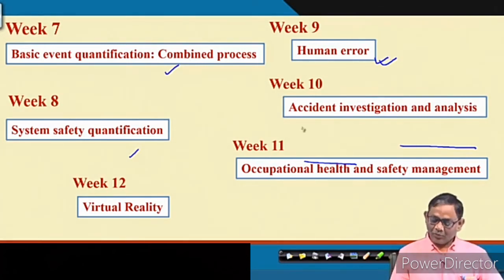Then in week 10 we discussed what accident investigation is. Accident investigation means, when an accident has taken place, what the investigation process will be, who will be doing the investigation, and what kind of data are collected. In this week the analysis part from descriptive and predictive analytics point of view was discussed.